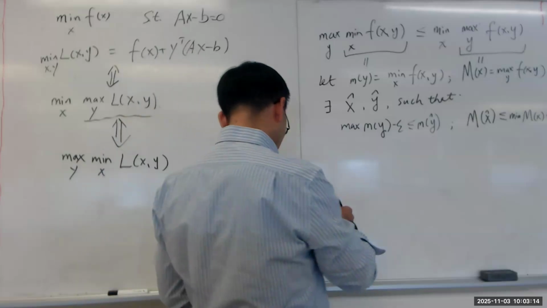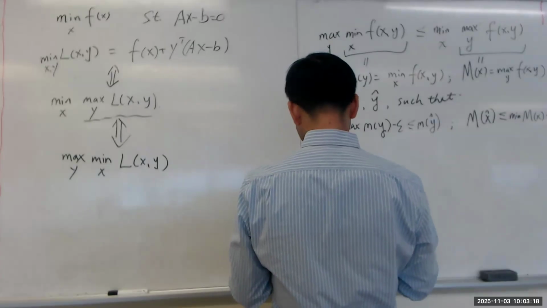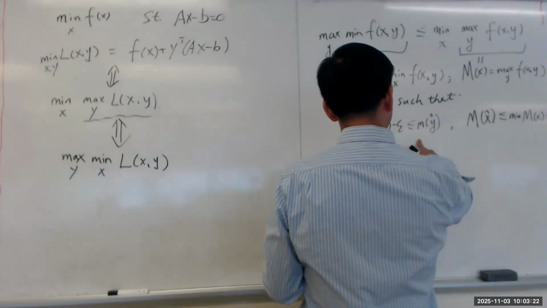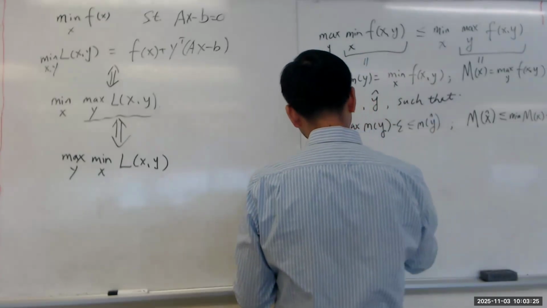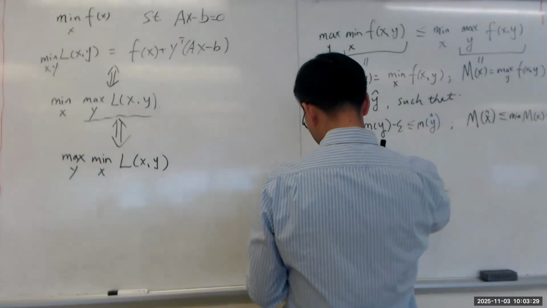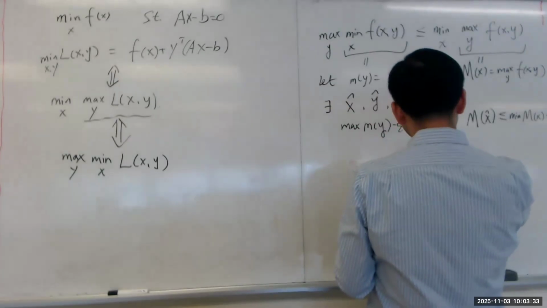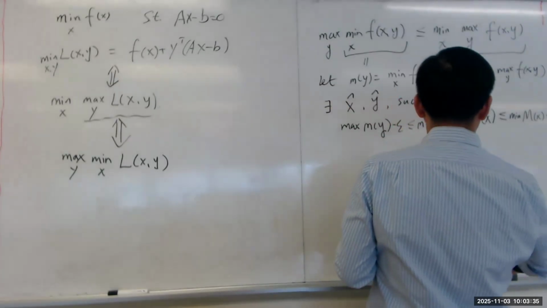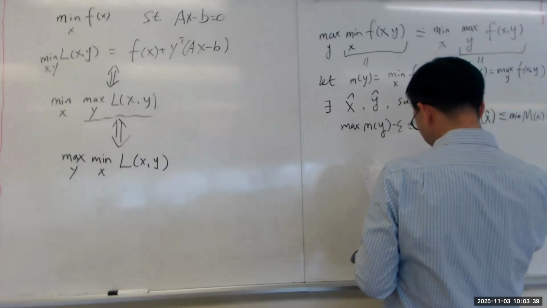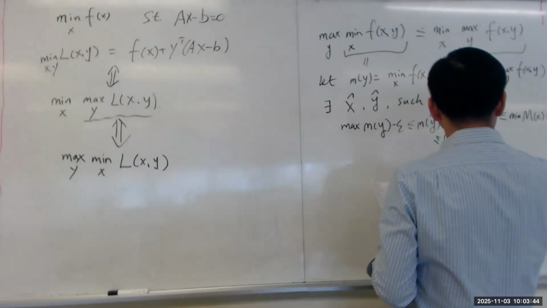So with that in mind, we can basically just connect the dots, okay? So we have the maximum of small f minus epsilon less than or equal to f hat. Now for this f hat, I just need to fill in something between. This is less than or equal to f of x hat, y hat.